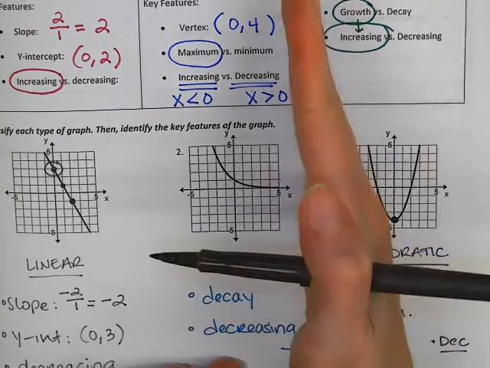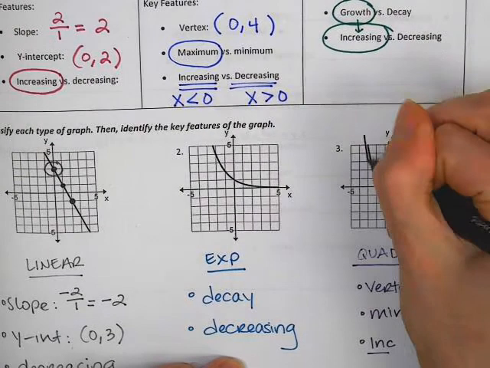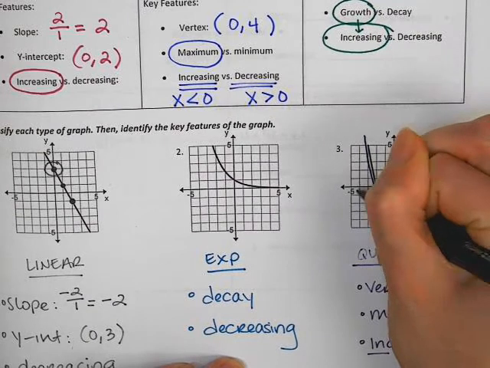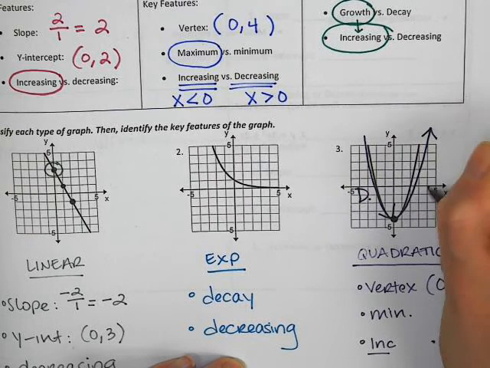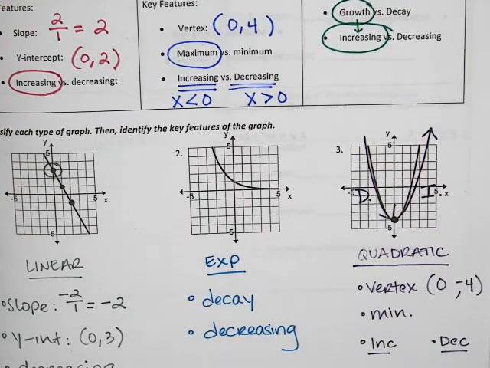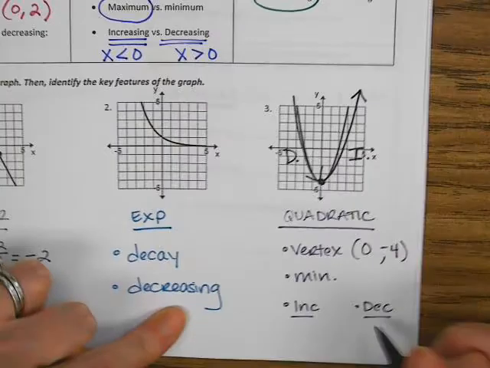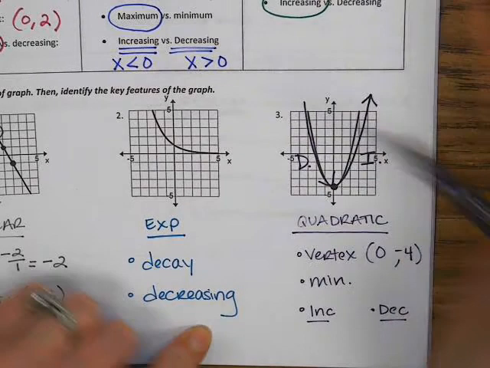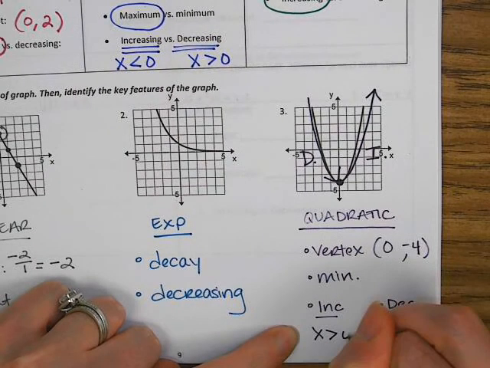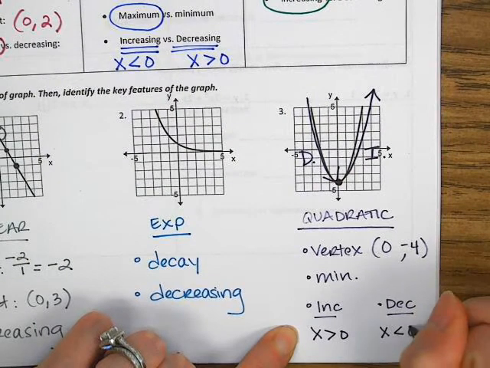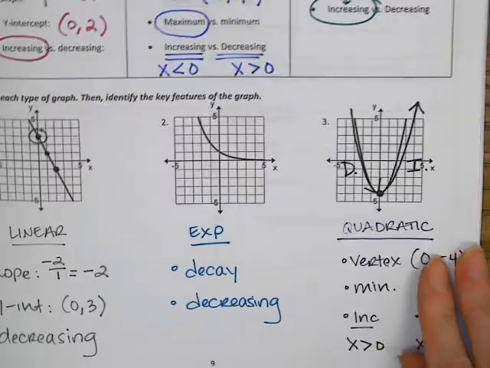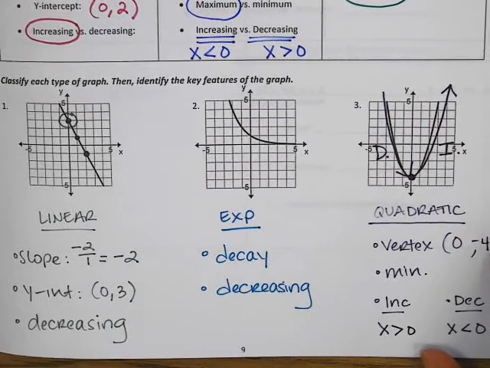Okay, so as you go from left to right, the graph is decreasing over here, but then it starts increasing over here. So we're going to say it's increasing when x is greater than 0, but it's decreasing when x is less than 0. And again, that's something that we're going to talk about more tomorrow.